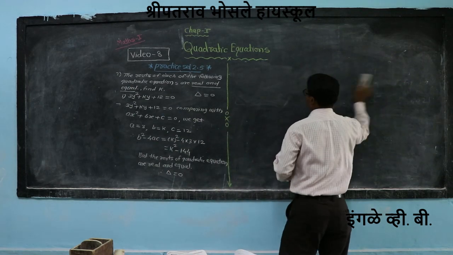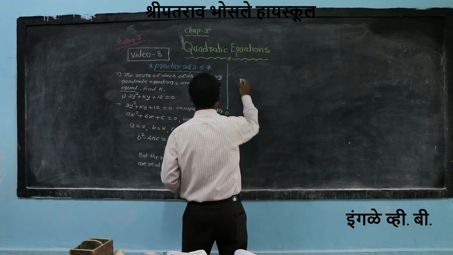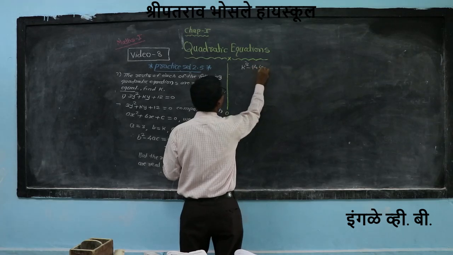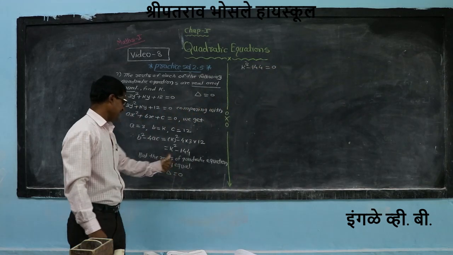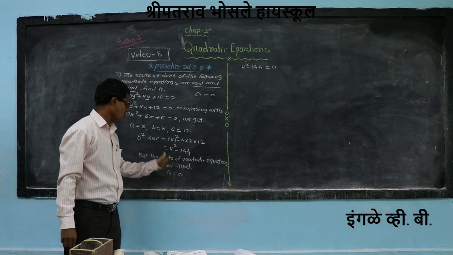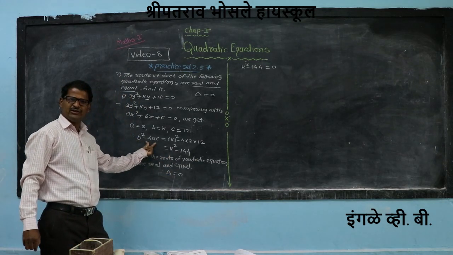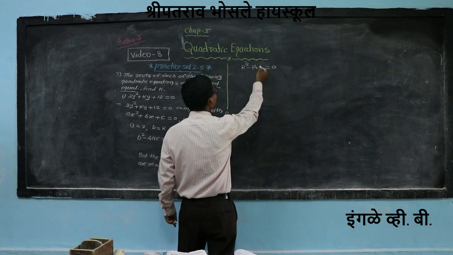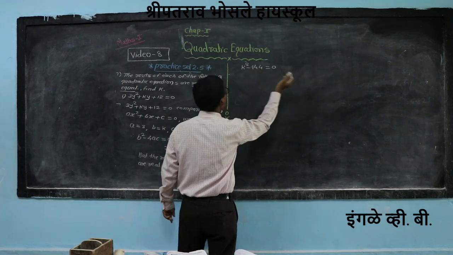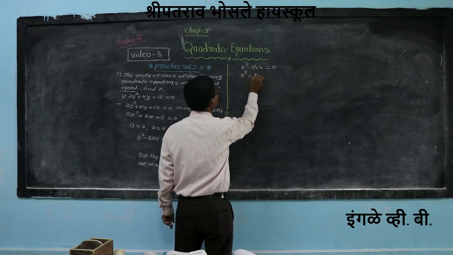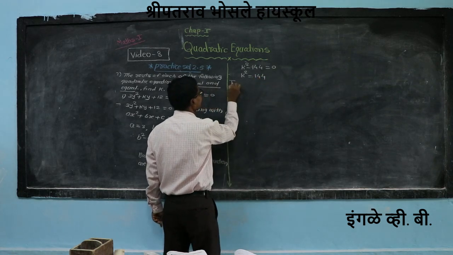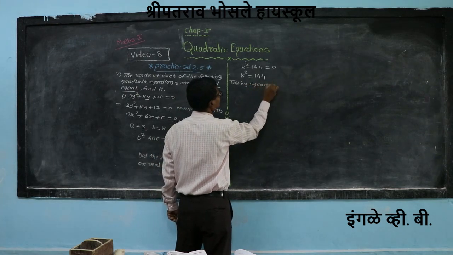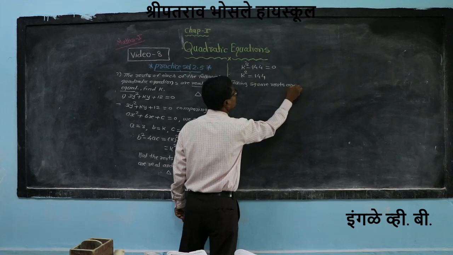Put the value: k square minus 144 is equal to 0. Roots are real and equal, so delta is equal to 0, meaning b square minus 4ac, this value is 0. So we put 0 here: k square minus 144 is equal to 0. Take minus 144 to the right hand side: k square is equal to plus 144. Taking square roots on both sides.